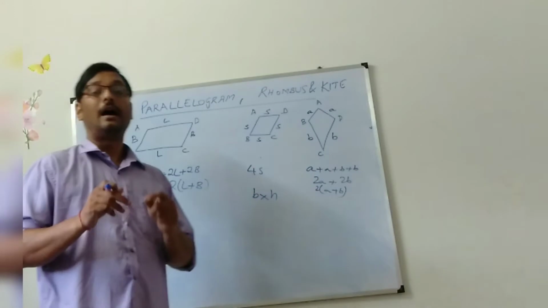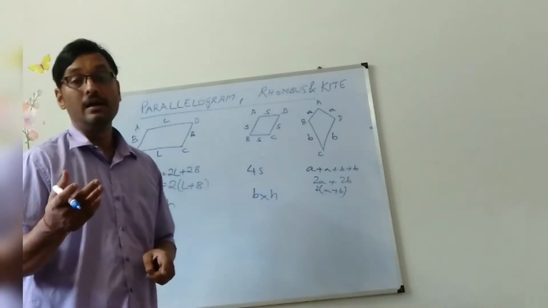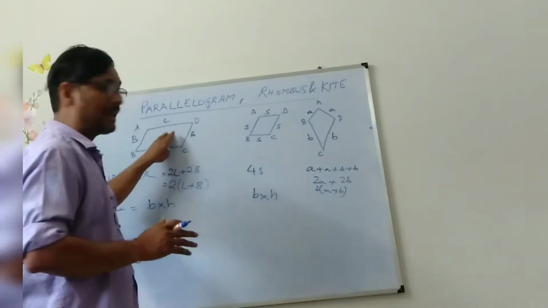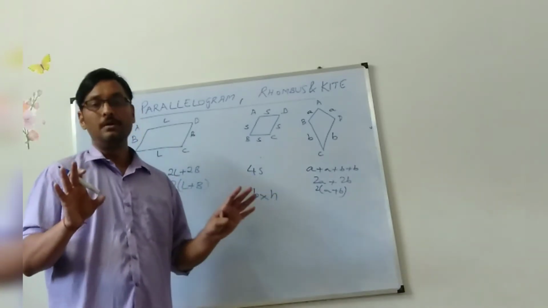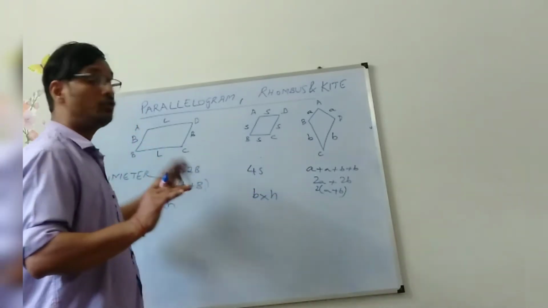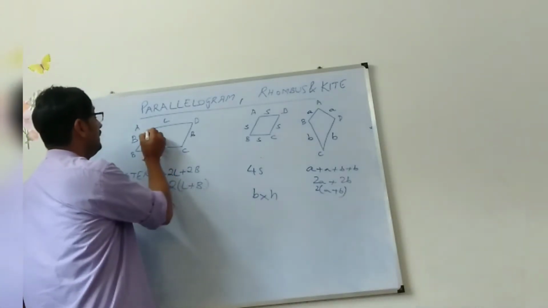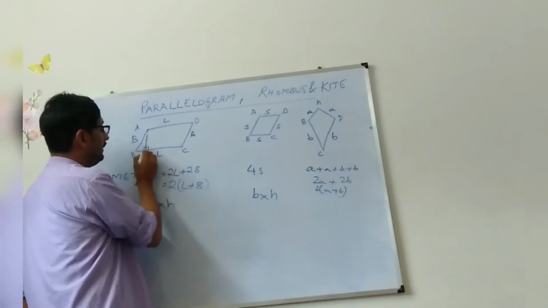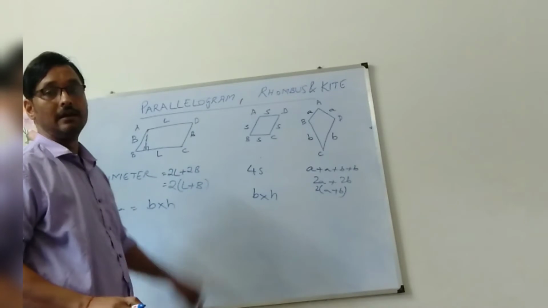But I am going to make you understand what the other formula is and how you will be finding it out. For parallelogram, you don't need to do anything, because you don't have any other option but to use this formula only. For that, you need to find out a height. If you find out the height of this one, then only you will be finding out the area of parallelogram.